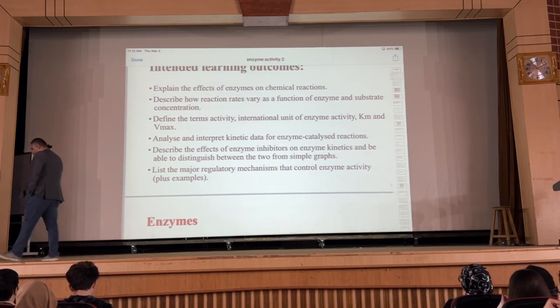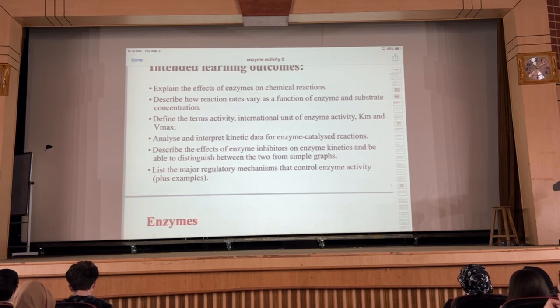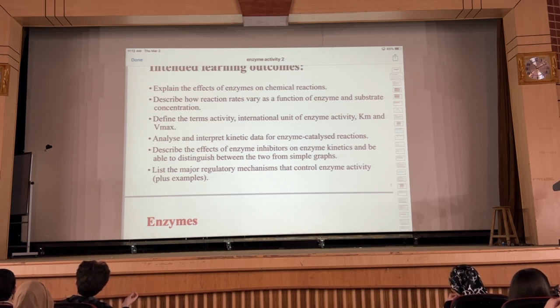The aim behind this lecture is to know what an enzyme is, what the effect of the enzyme in our body is, and the chemical reactions; to discover how reaction rate varies from one reaction to another, and depends on the substrate and the product concentration; to start defining Vmax and Km, just a few.